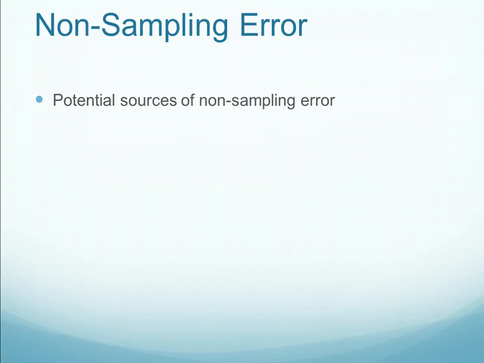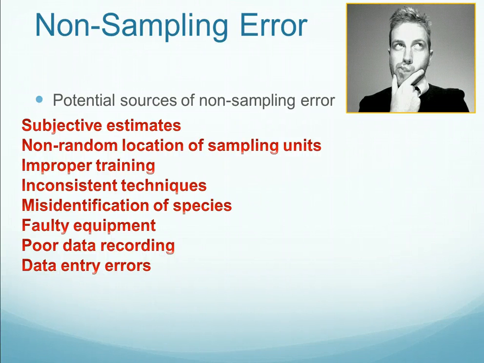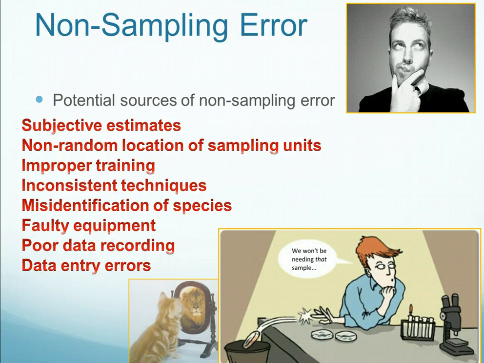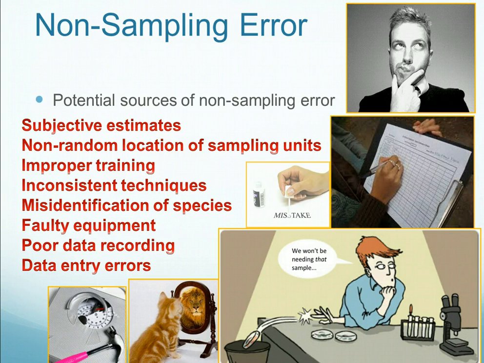Non-sampling error has a number of sources. Potential sources of non-sampling error include subjective estimates, the non-random location of sampling units, improper training, inconsistent techniques among observers, misidentification of species, faulty or broken equipment, poor data recording in the field, or data entry errors. So basically, mistakes are one of the main sources of non-sampling error.